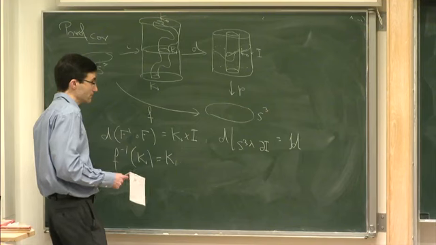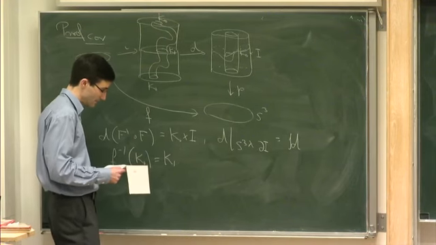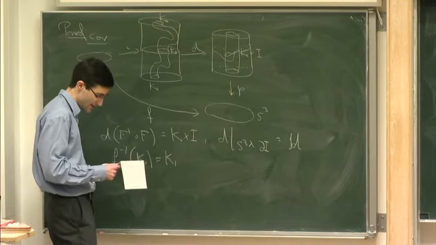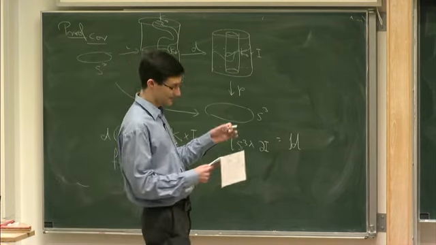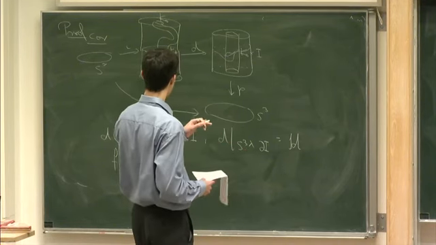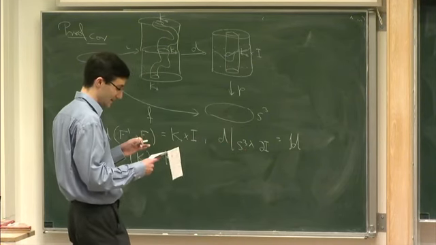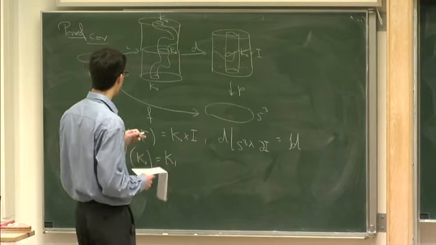And so we'd like to show an inequality between the Seifert genera of K0 and K1. So I take a minimal genus Seifert surface for K1.